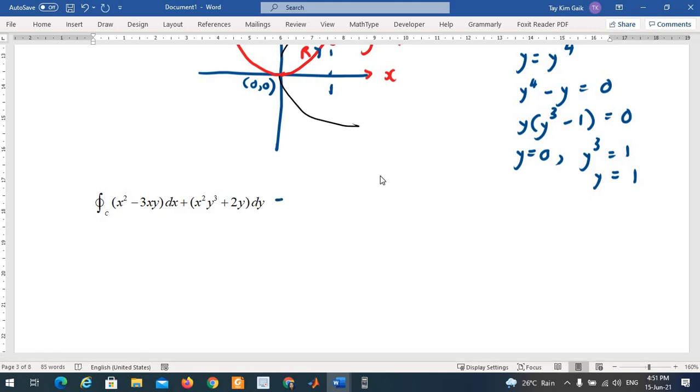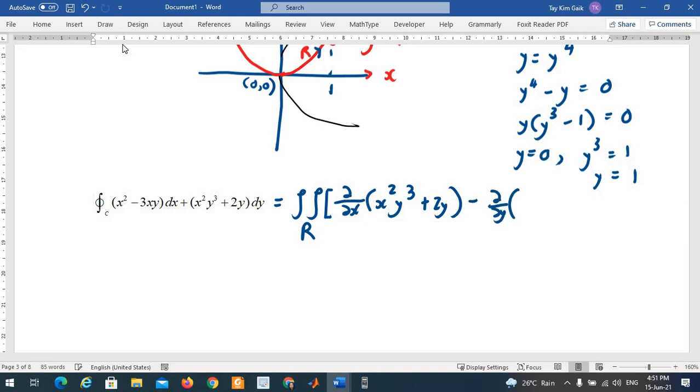Okay, so for Green's theorem, instead of evaluating the line integral, you evaluate the double integral, where this is actually del x of the coefficient of dy, which is x squared y cubed plus 2y, minus del y of the coefficient of dx, which is x squared minus 3xy, and then dA.